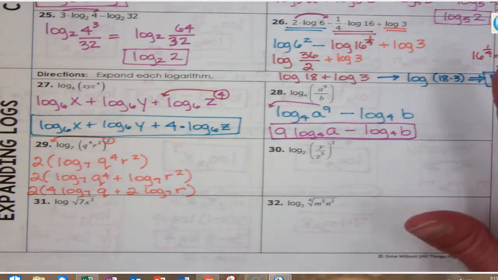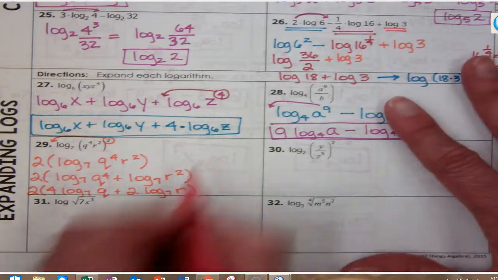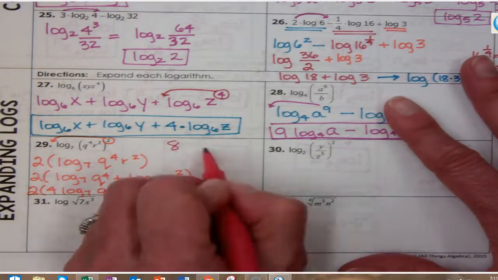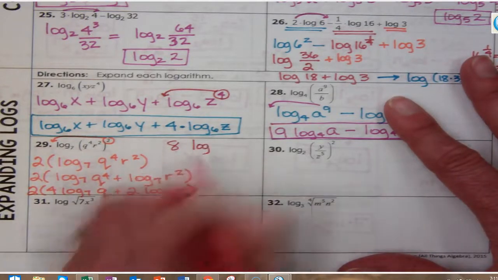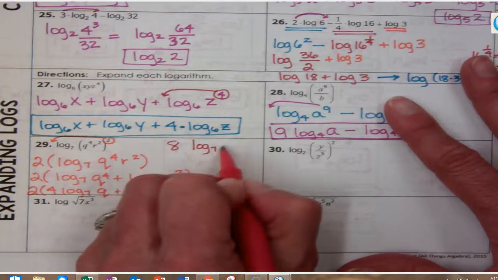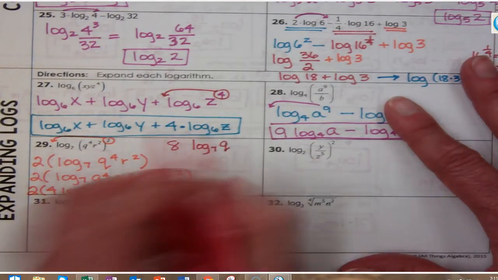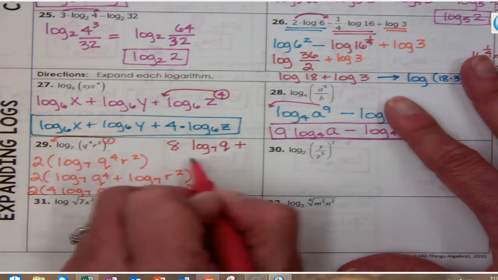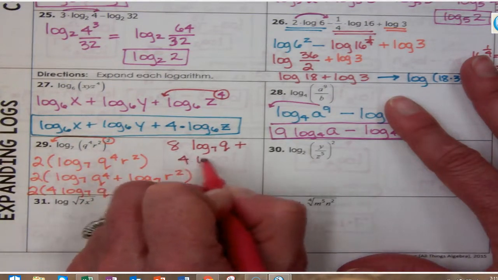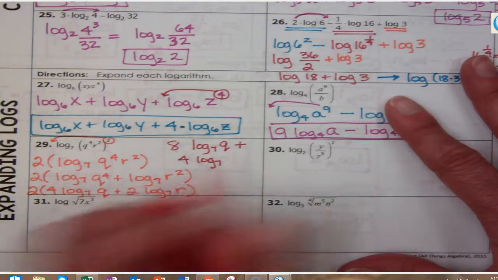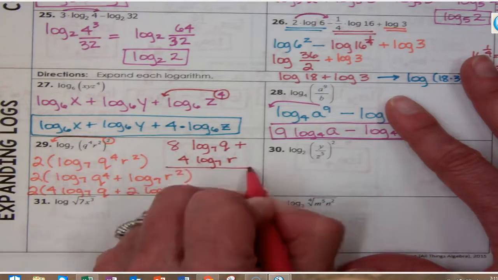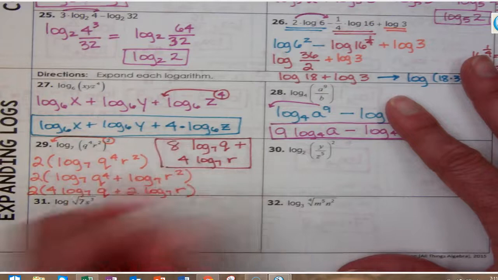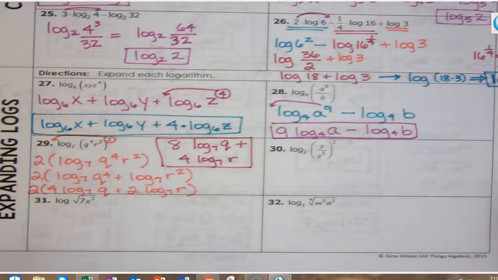And I get 2 times 4 is 8 log base 7 Q plus 2 times 2 is 4 log base 7 R. So there's your big long answer.